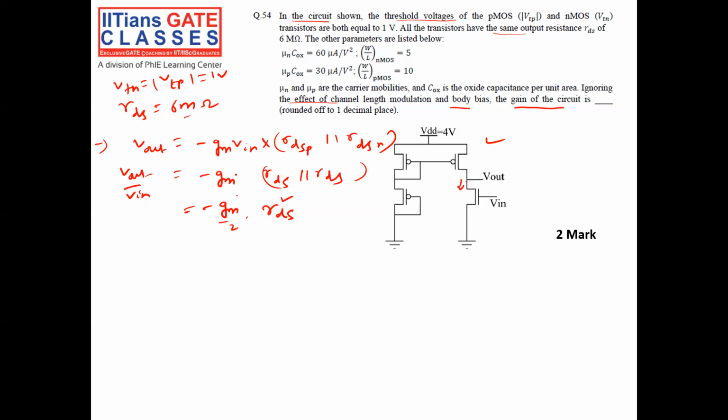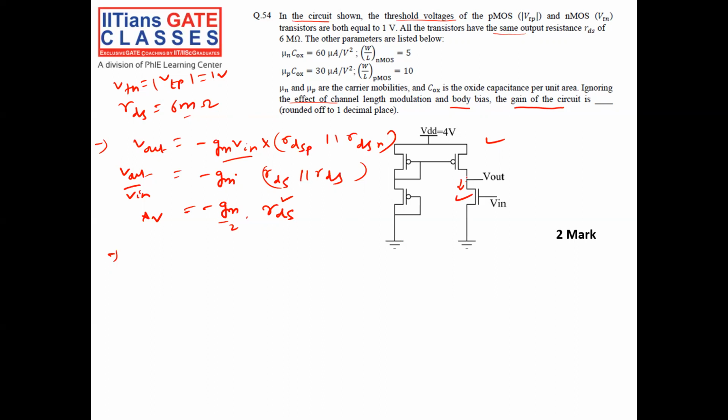Now since RDS is given, what we have to find out is gm, the transconductance of the NMOS transistor. If I am able to find the transconductance of my NMOS transistor, I can find the gain, because when I apply input, it creates a small signal current, gm into Vin. When the small signal current flows through my output node, it generates a voltage, which is current into resistance.